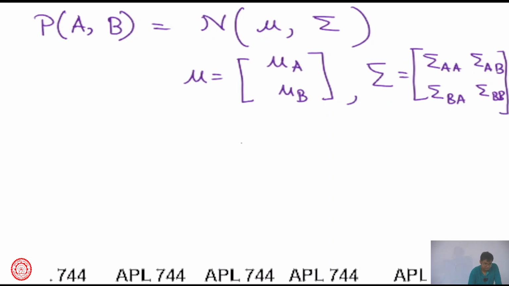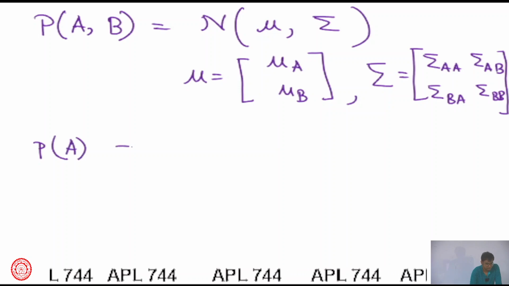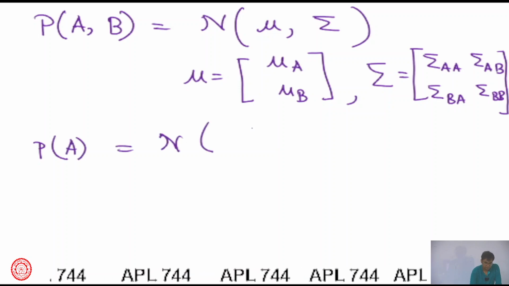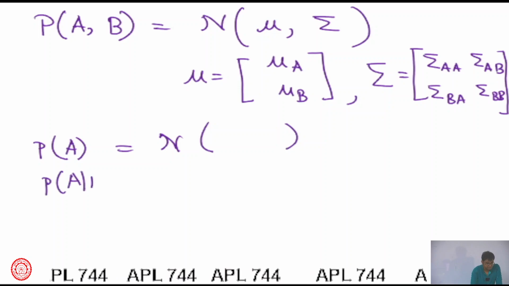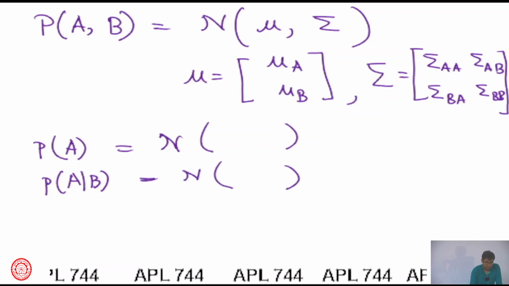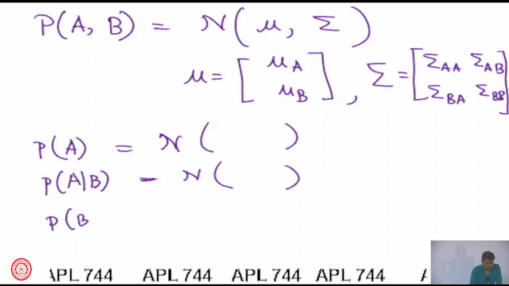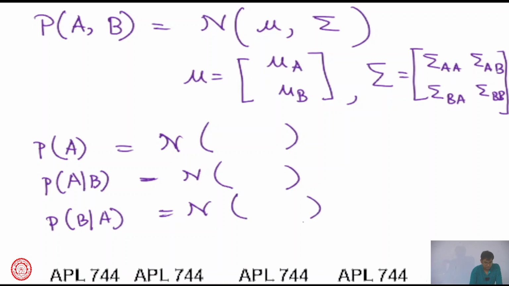So, then I will not give you the formula, but I will tell you that the probability of A will also be Gaussian without giving you the value, and not only that, the probability of A given B will also be Gaussian, the probability of B given A will also be Gaussian.